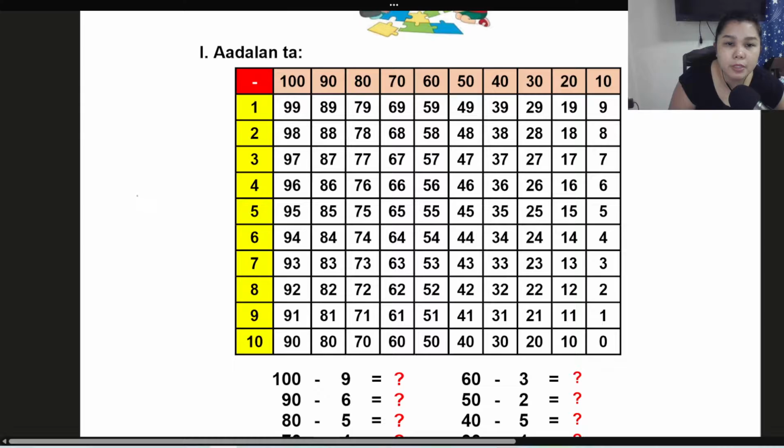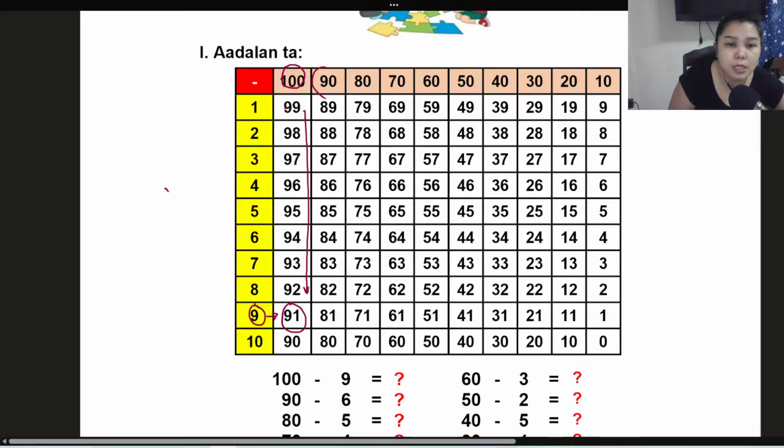So this is 100, and 100 minus 9. Matching them up, this is 100 minus 9. Where do these two numbers meet? It's 91.